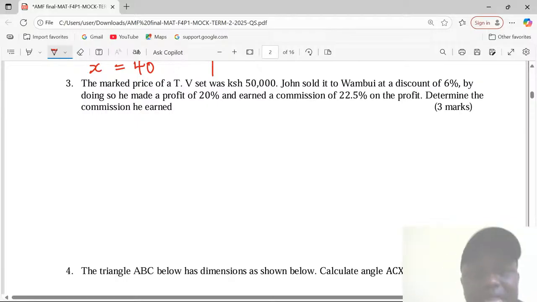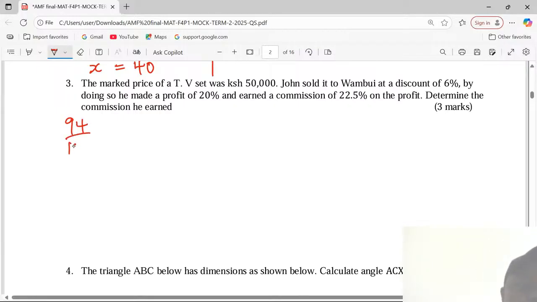So we are told that the marked price was 50,000 Kenya shillings for this particular TV set. Then John is selling it to Wambui at a discount of 6%. That means Wambui did not buy it at 50,000 because she was given a discount of 6%. Then she bought it at 94%.